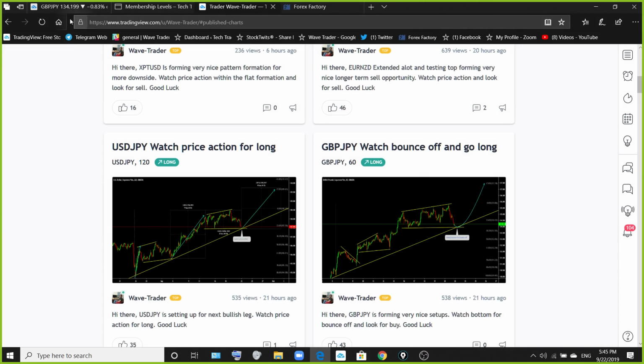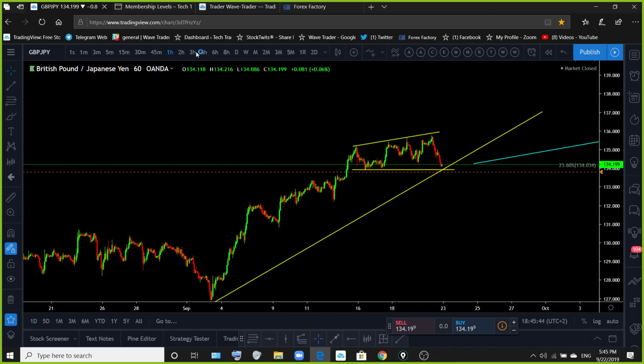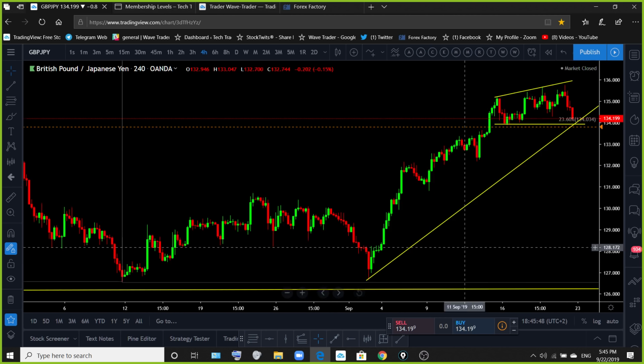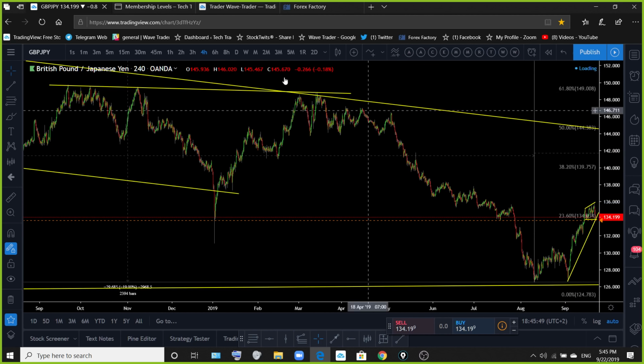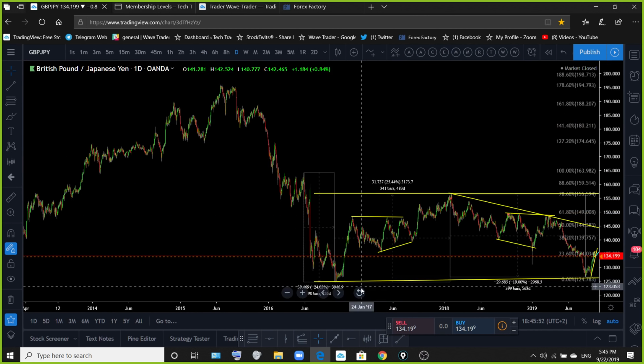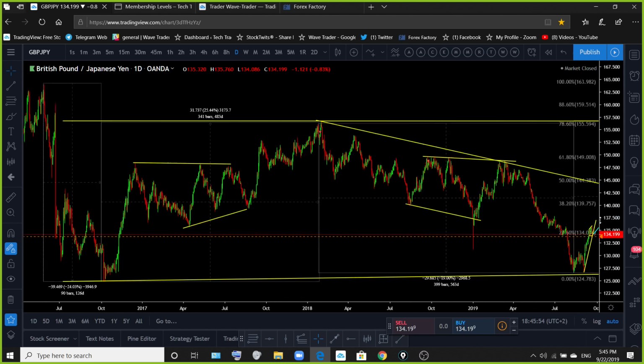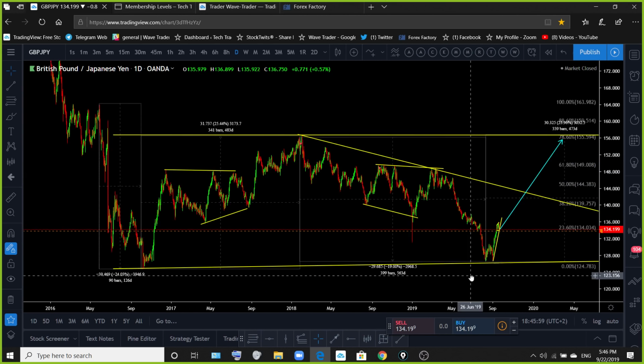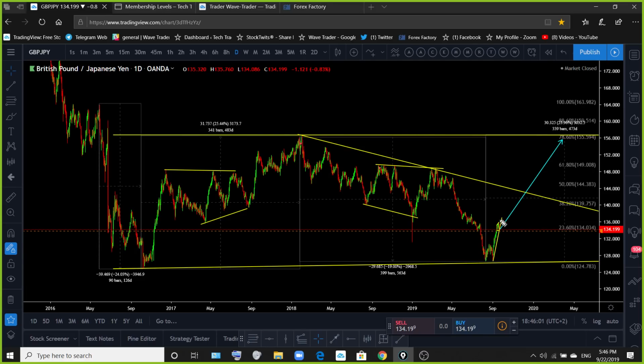All right, and on the bigger time frame, it just keeps pushing higher. So when you're going for long on the pound yen or dollar yen, this is what we are looking for, keep going higher.